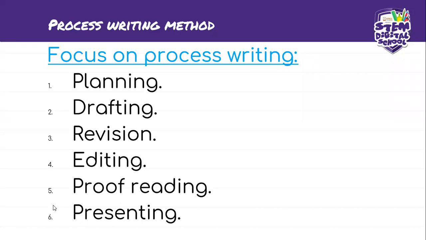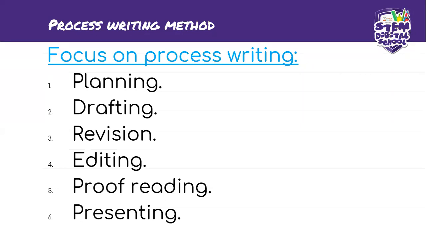So there are the steps for the process writing method. There are 6 of them, and you realize that all these steps should follow this order.